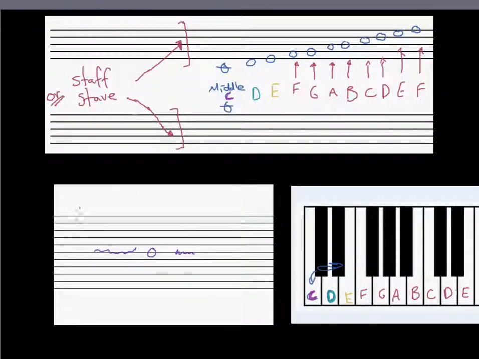Both sets of lines, this one here, is called the grand staff, or the grand stave.